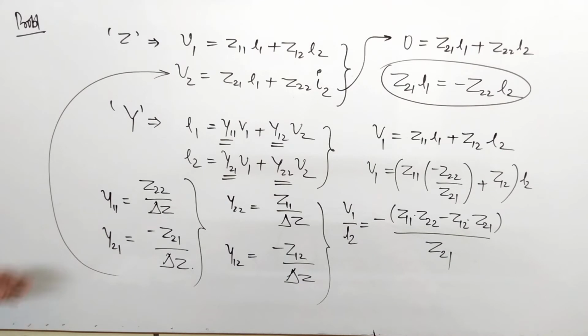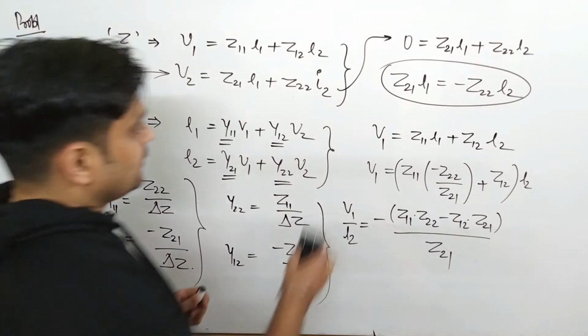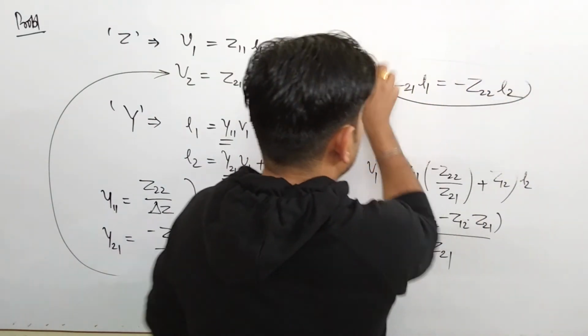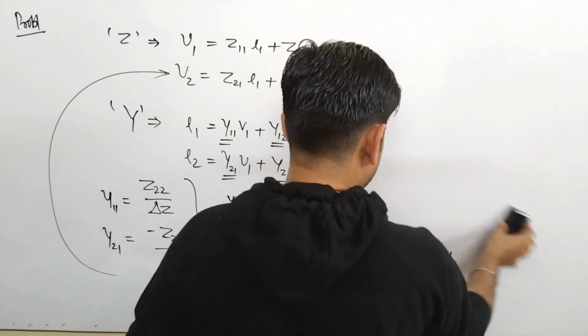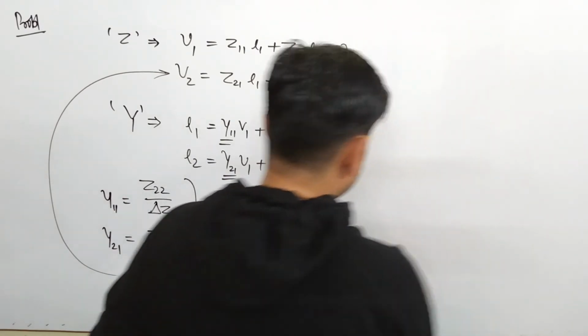This is the way in which we convert one set of port parameters into another. One more example we'll consider here, and before going for that, I should write this equation in a proper form for your better understanding.